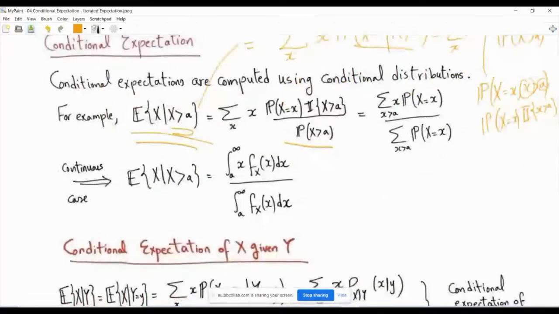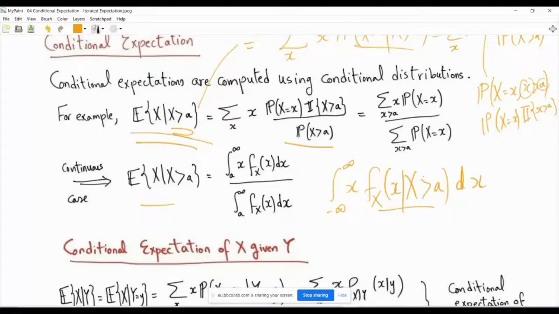In the continuous case, you use the conditional PDF. If I write it again, it will be the integral from minus infinity to infinity of x times the conditional PDF of x given x greater than a, dx. This is like the expression here, but using the PDF.